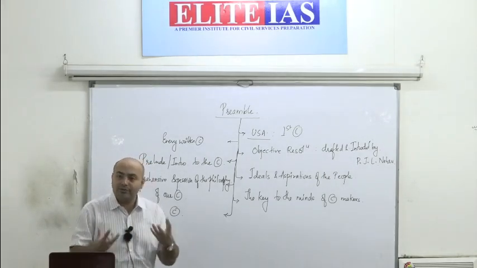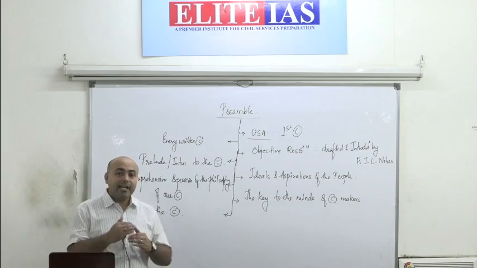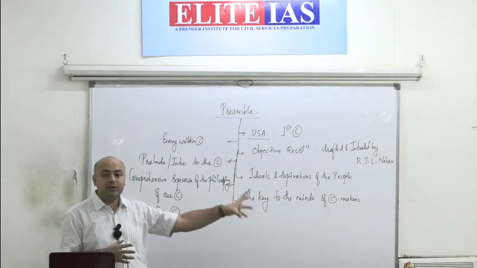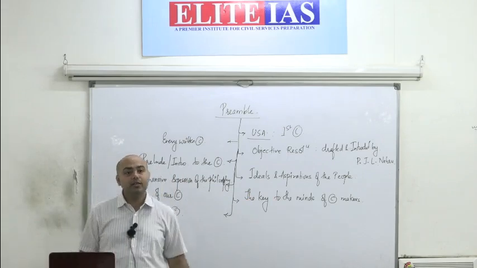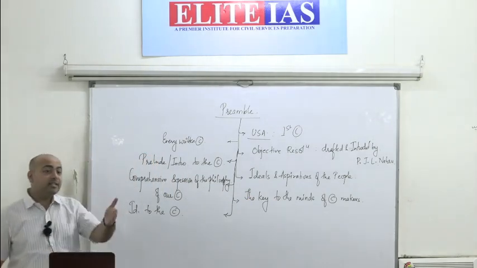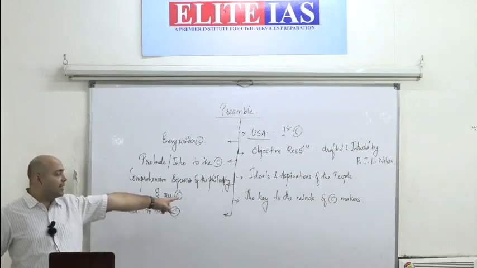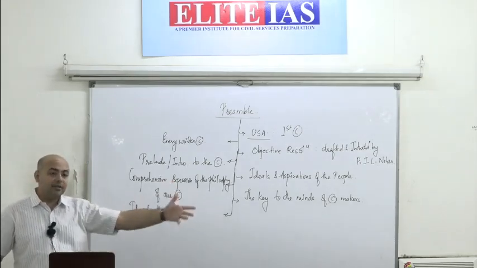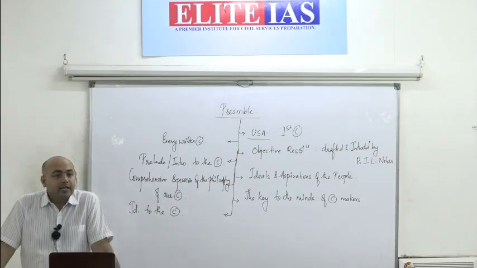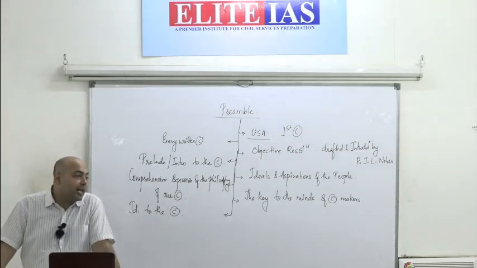What is the philosophy behind it? It interprets the provision objectively by basing the decision on what the preamble says. That is the reason why the Supreme Court calls it a key to unravel the minds of the constitution makers. Clear? Understood this idea? This is what the preamble is.